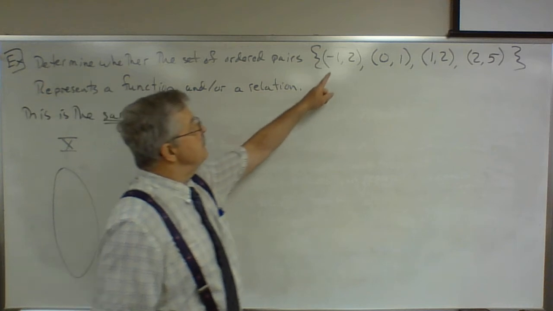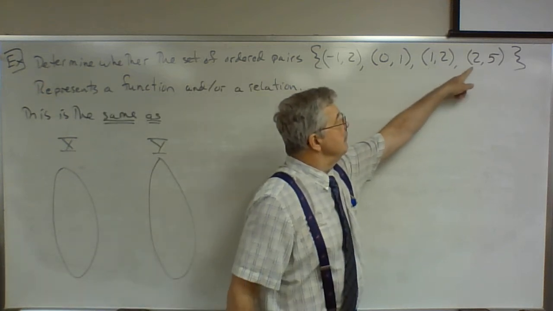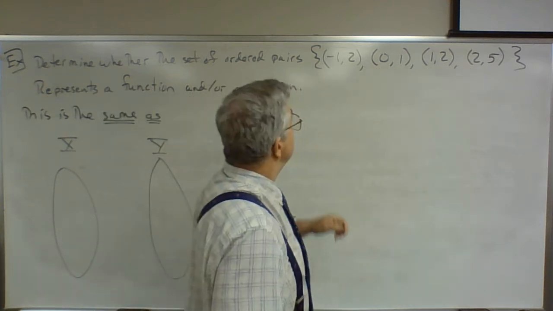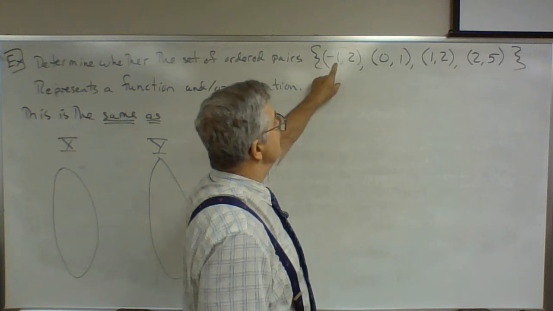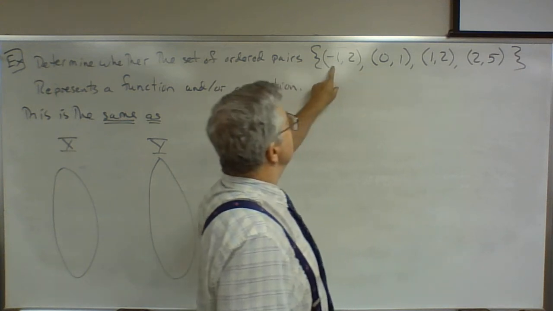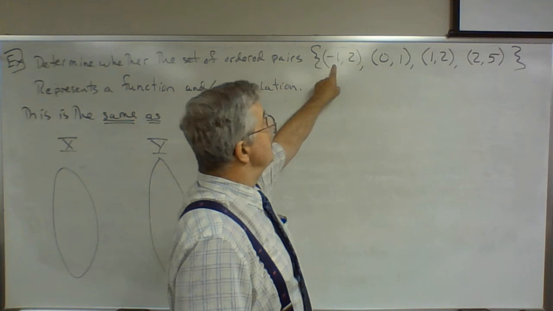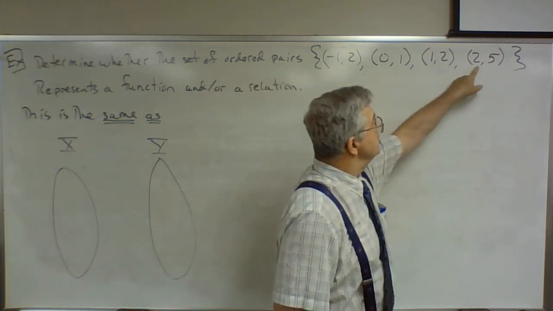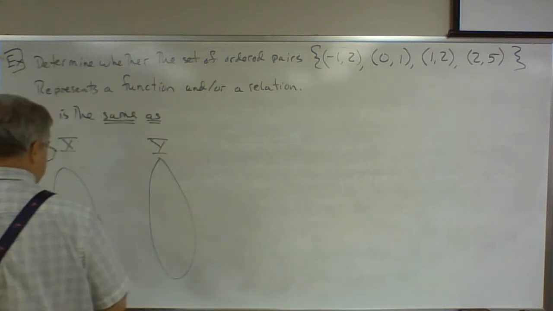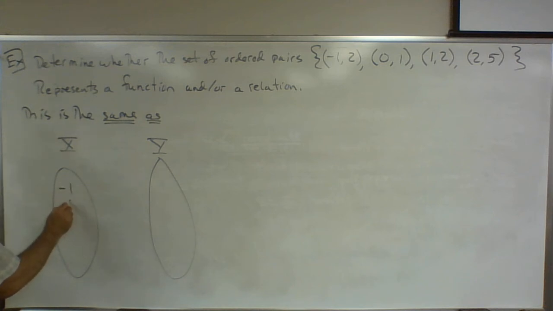And remember, the first coordinates are from the domain x. So the domain has elements -1, 0, 1, and 2. There's our domain.